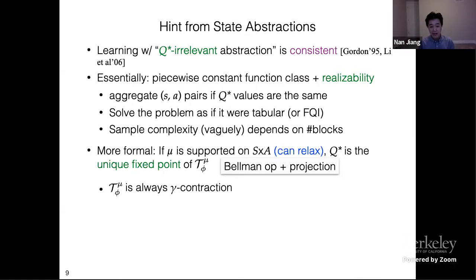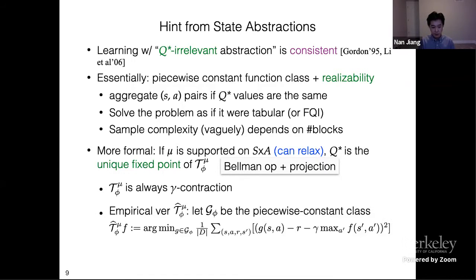And one thing we know is that, thanks to the incredible stability of piecewise constant function classes, this T_Pμ is always a gamma contraction. And for the rest of the talk, it will also be useful to define the empirical version of this T_Pμ, which is what we actually have access to from data. And this is precisely the projected Bellman operator that you would use, for example, if you were to run Finite-Q with this piecewise constant function class.